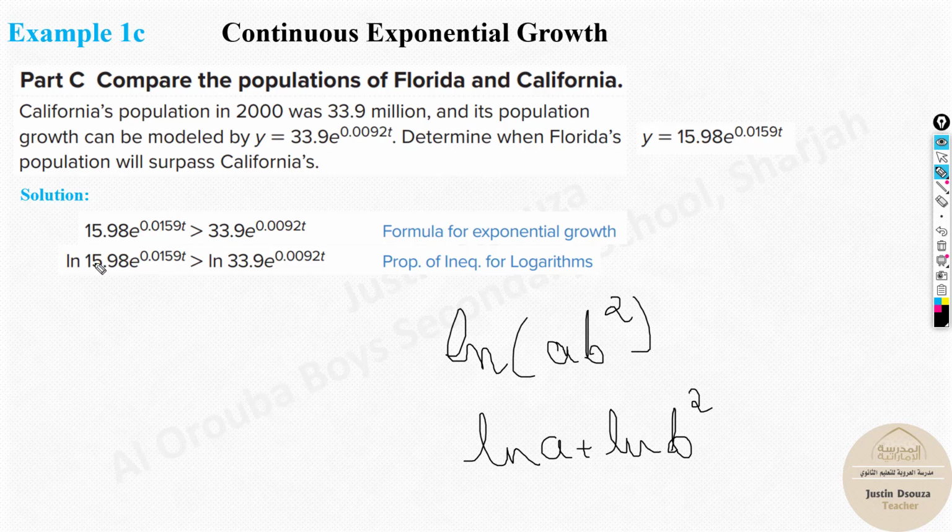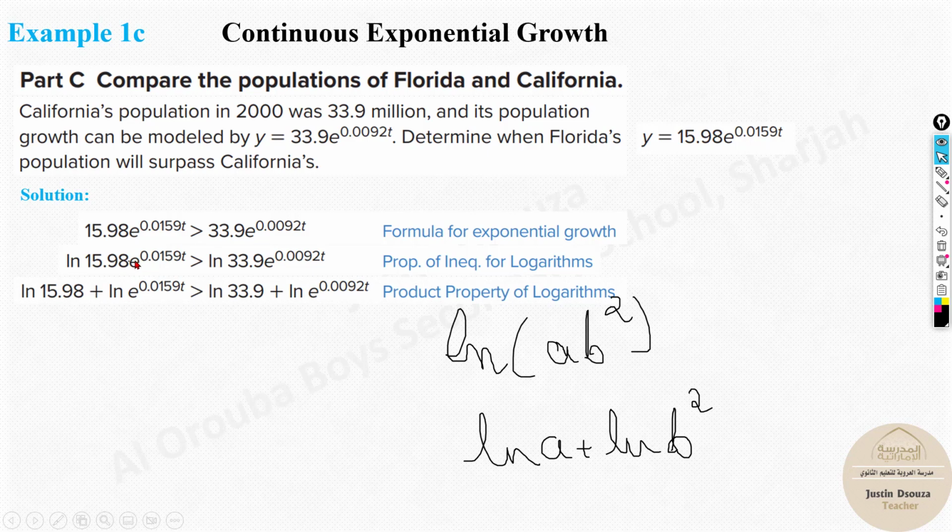Natural logarithm to the first part, 15.98, which is multiplied to e, right? So that plus natural logarithm of the second part, e and then the power. Same thing over here, natural logarithm 33.9 plus the second part. And now what you do is, these are numbers, constants, it's fine, you can get them in the calculator. What do you want?